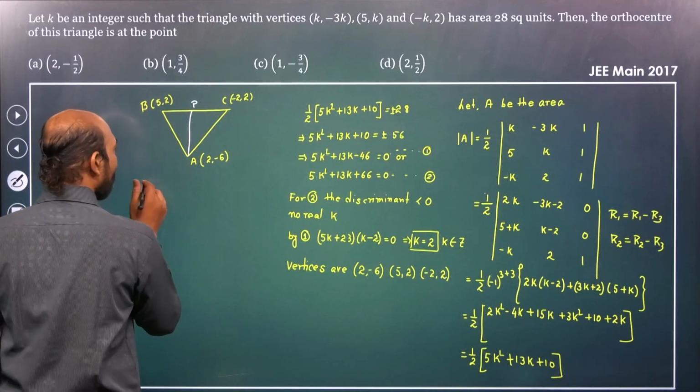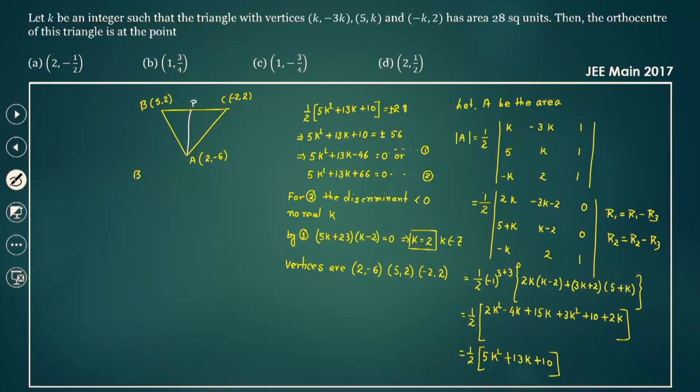So the equation of AP is x equal to 2. So let's write down the logic. Now see that BC is a horizontal line.